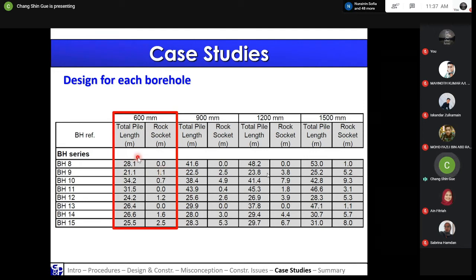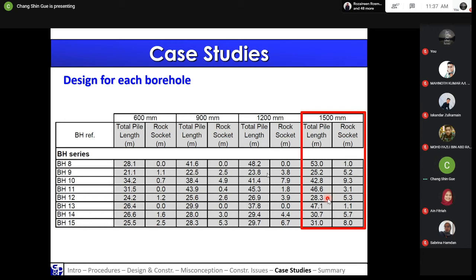And it's quite variable. You can see that from the same site, some you need 28.1 meters, some it's 30 over meters, and some it's less. So you do all the calculations for different diameters of piles, so 600, 900, 1200, 1500. So all this will give you a different length and different rock socket length.